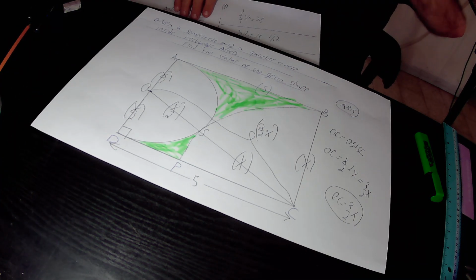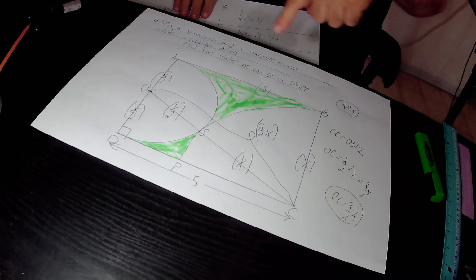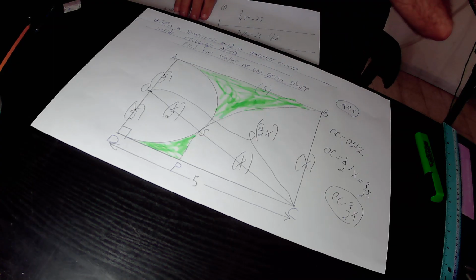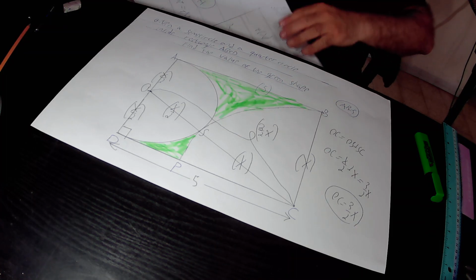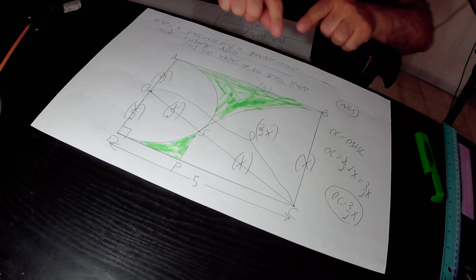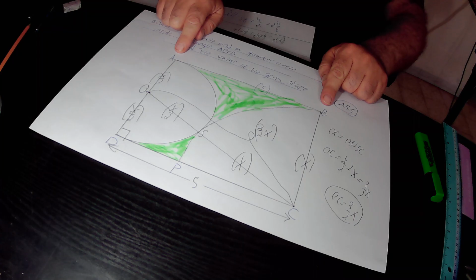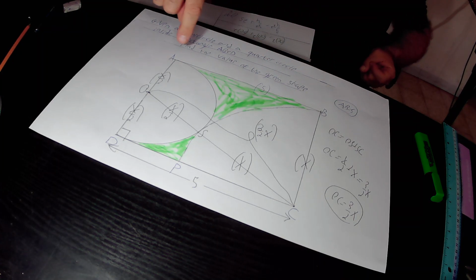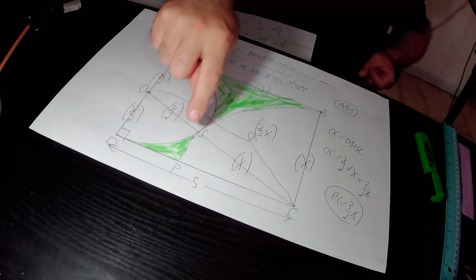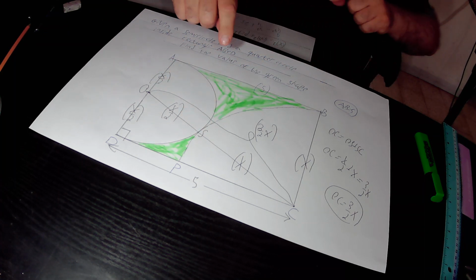Our mission in this second question is to find out the area of this grand shape. So in the drawing we have rectangle ABCD. We know that side AB of this rectangle equals 5 units in its length. In addition, inside this rectangle we have this semicircle and this quarter circle, and they touch each other at this point.